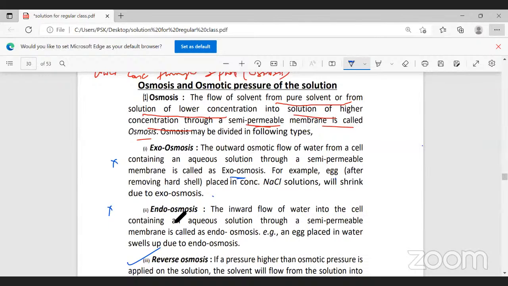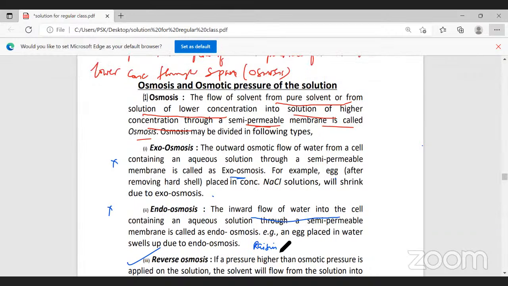Now, endoosmosis is the inward flow of water into the cell. If you put raisins in water at night, the next morning the raisins will have swollen, because water enters the raisins. Raisins are dry grapes.